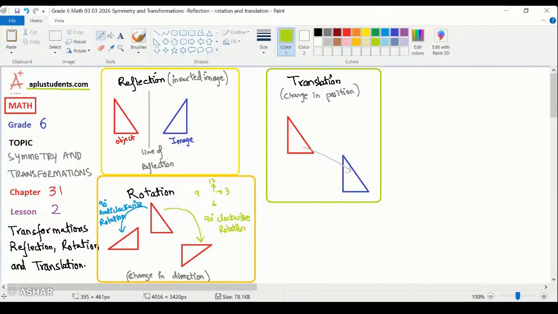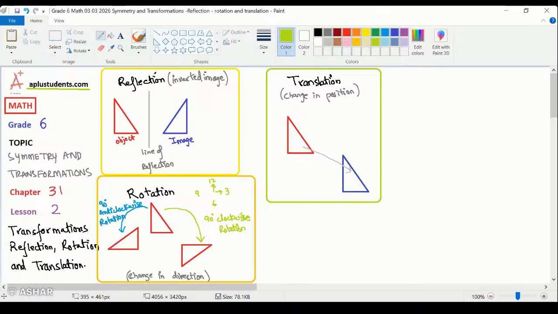If you're standing in front of a mirror, your size will not change, right? What you are, you should see exactly yourself. But the only difference is it's an inverted image, a flipped image. In rotation, if you're facing forward and now you turn towards the right or turn towards the left or make an about turn, your direction has been changed, right?